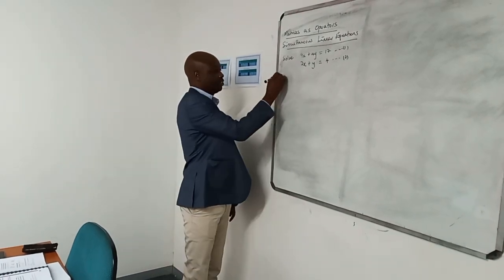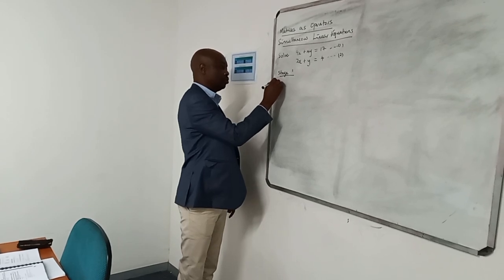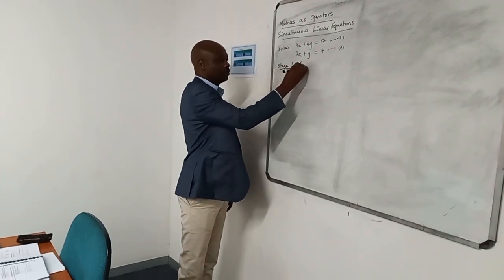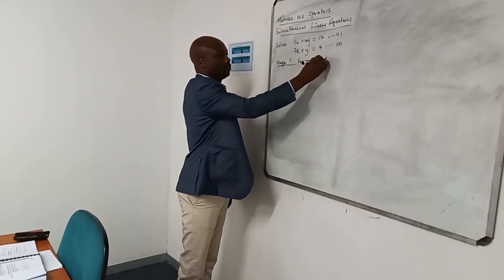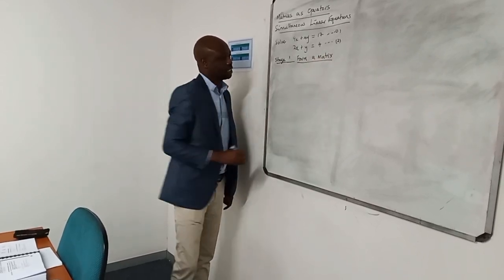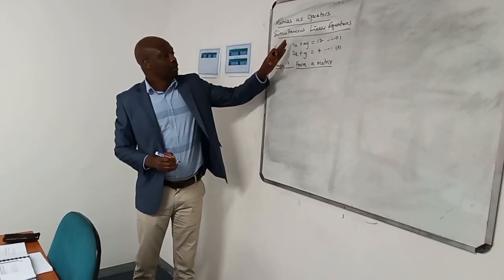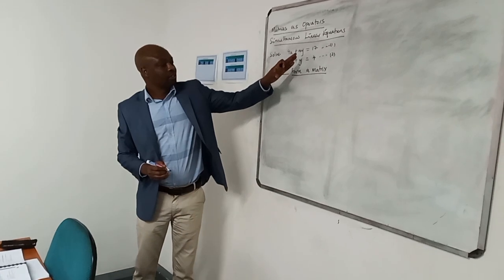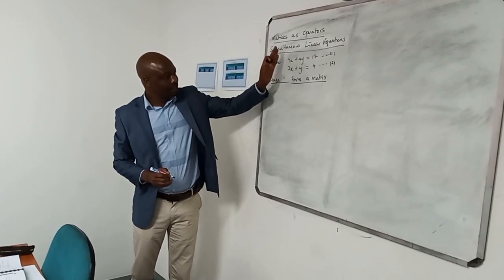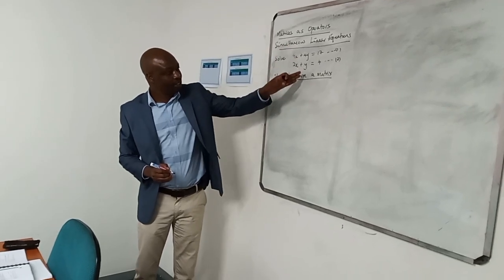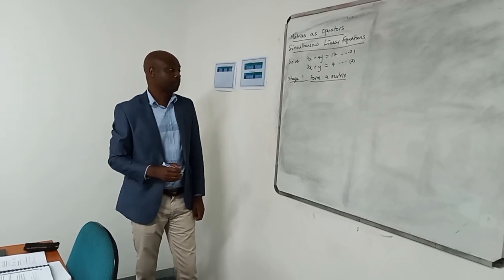So our first stage, which I'm going to name stage 1, is to form a matrix. You look at these two equations and make sure that the x's are aligned together, the y's too, and those on the other side of the equal sign.